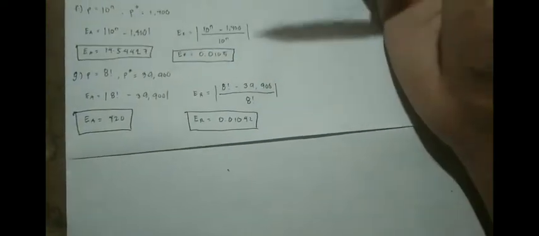So let's go to letter F here. Letter F is P is equivalent to 10 raised to the power of pi, and the approximate is 1400. So fill in. So 10 raised to the power of pi minus 1400. So that will equate to 14.54427.